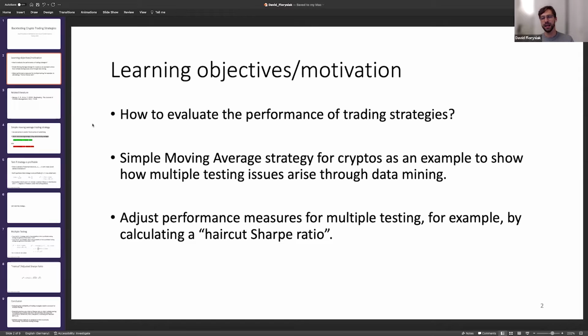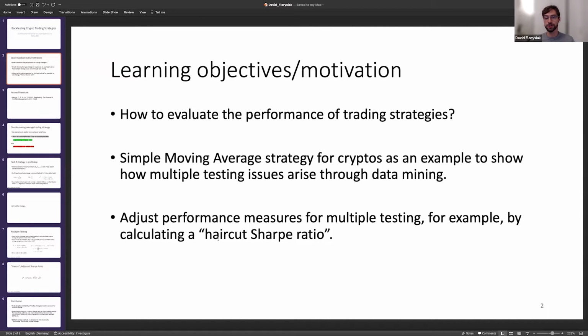The idea of why I'm going to show you this is that if we test trading strategies, there might be things like multiple testing issues that arise through data mining. I'm going to show you what this actually means, and I'm also going to offer you a potential solution, which is adjusting the performance measure that you use to evaluate your trading strategy for this multiple testing issue.